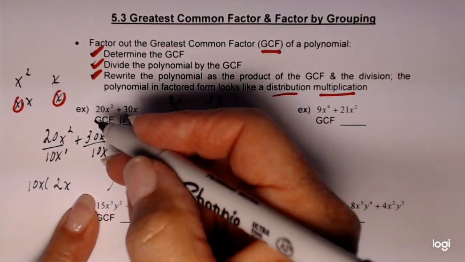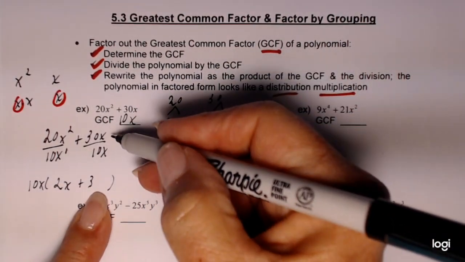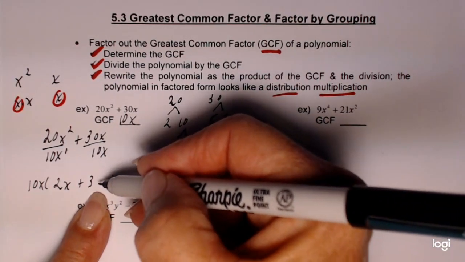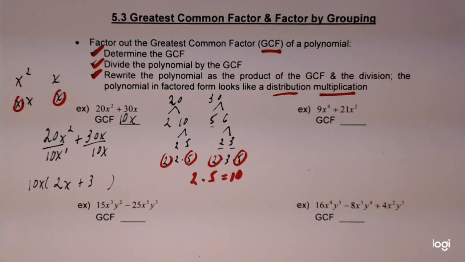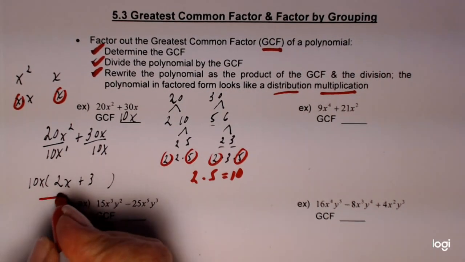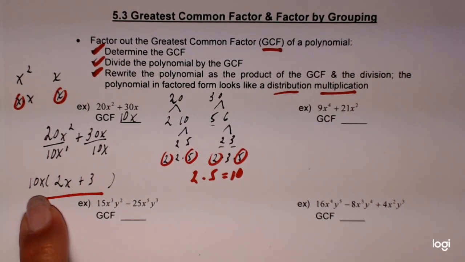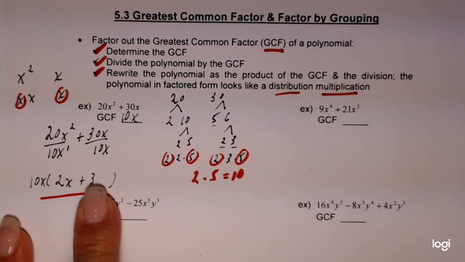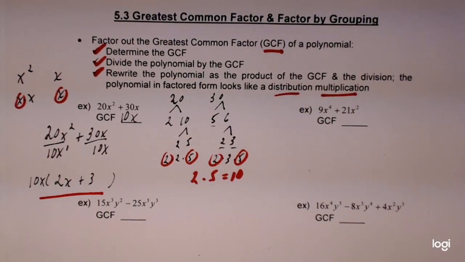Moving to the next term, 30 divided by 10 is 3. And now x divided by x is just 1. So there is no x here because these x's cancel, is another way to think about it. So here's our answer. As I said, it looks like a distribution multiplication problem, and indeed we could do this distribution multiplication to check that we have the right answer.